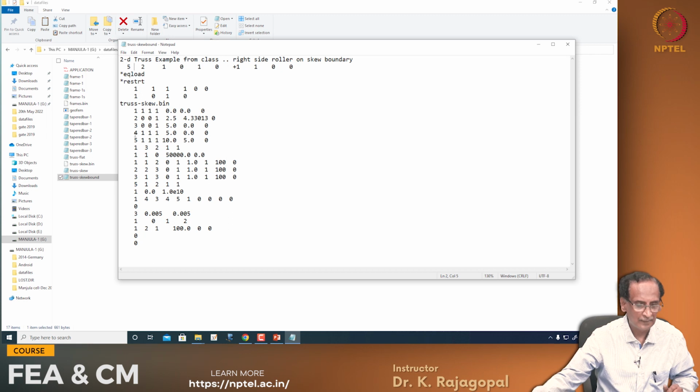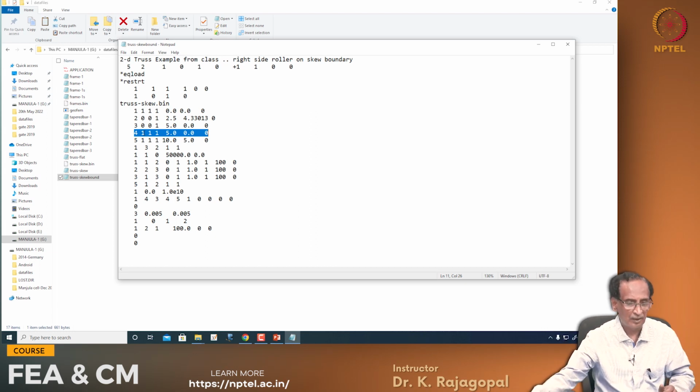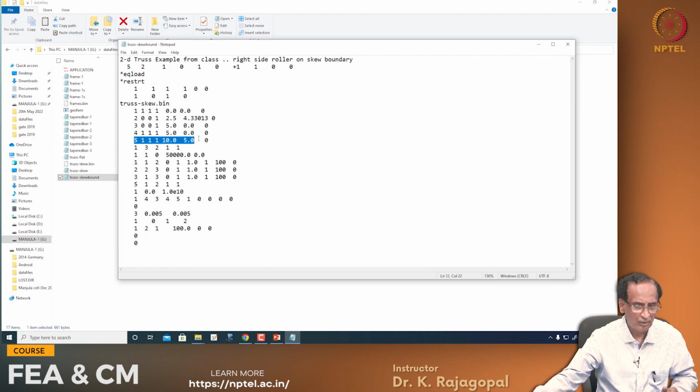So, I have defined node 4 with the same coordinates of x is equal to 5 and y of 0, and then I have eliminated all the degrees of freedom in that particular node, and then there is one more node defined at 10 and 5, node 5, okay. And these are our bar elements 1, 2 and 3, and then this is the spring element.